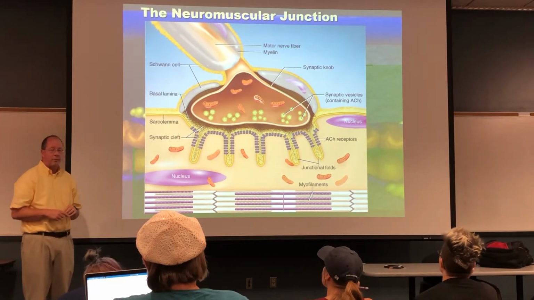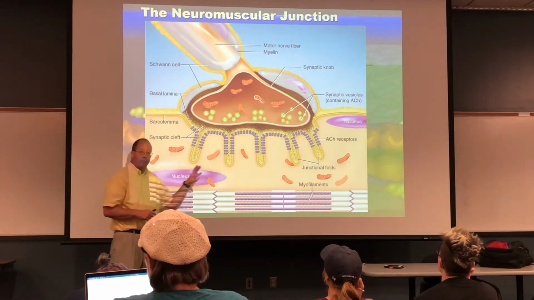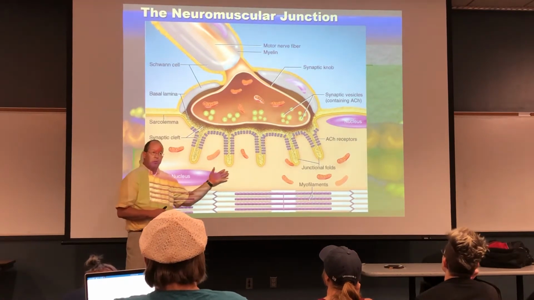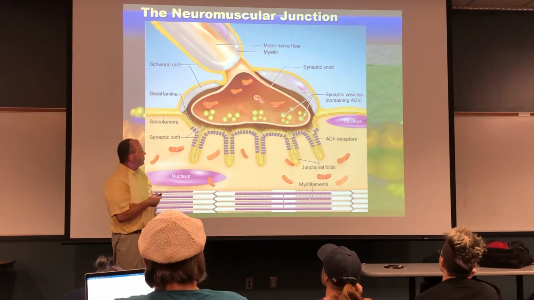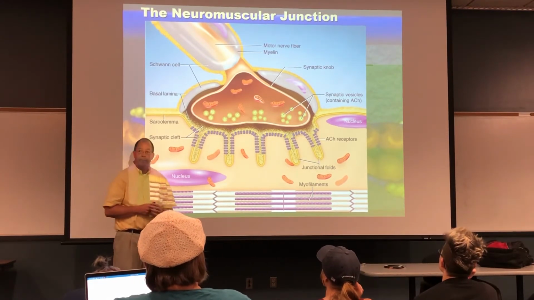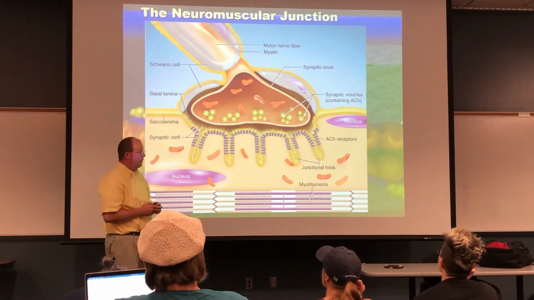Same thing with cardiac muscle. So this is an important figure. Does everybody feel comfortable identifying some components of the skeletal muscle, the knob, the vesicles containing acetylcholine? Okay, everybody good? So this is a good review for the lab test tonight as well.